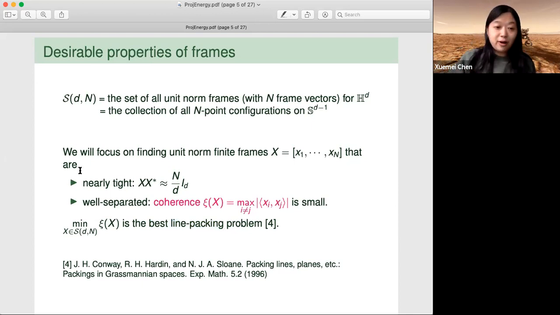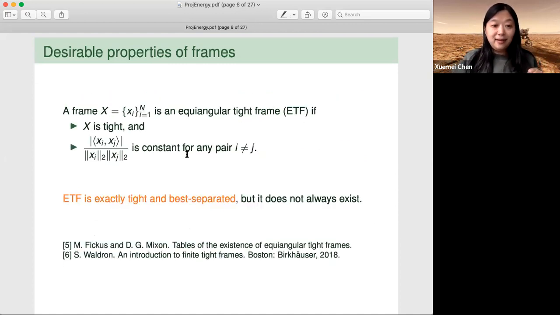Once again, we want to have these two properties. The first thing that came to mind with these two nice properties would be what we call an ETF, an equiangular tight frame, because when you have that, then you have exactly tight, and then you also have that the pairwise angles are going to be constant.